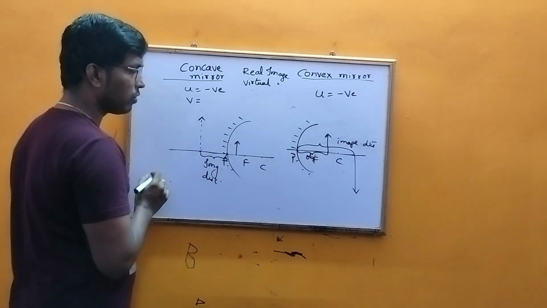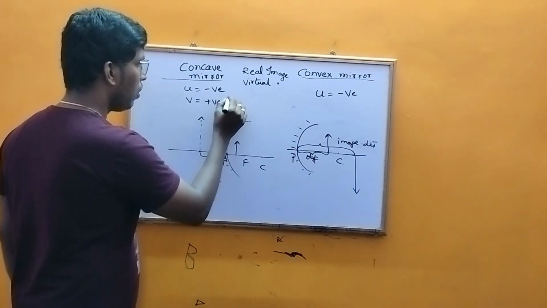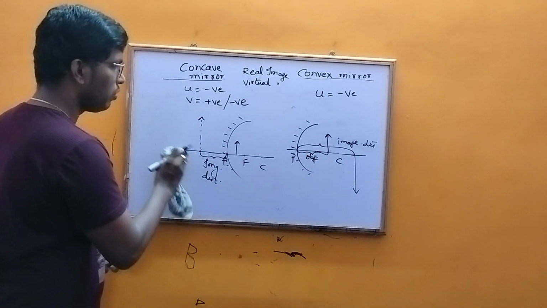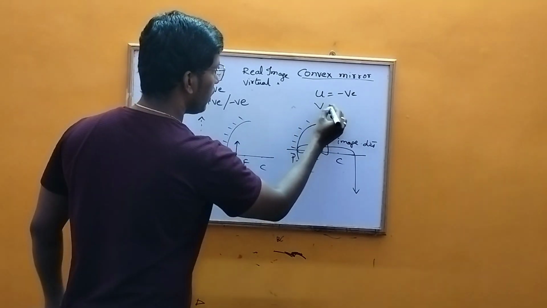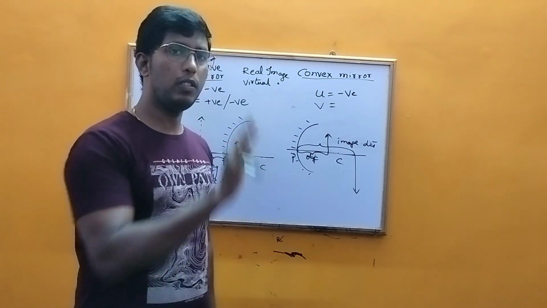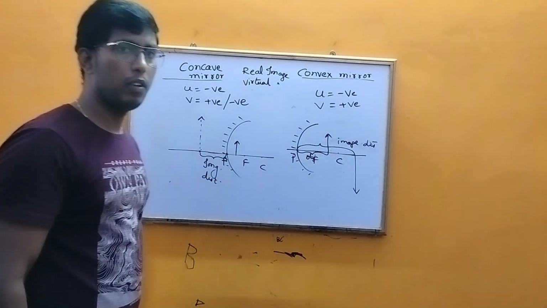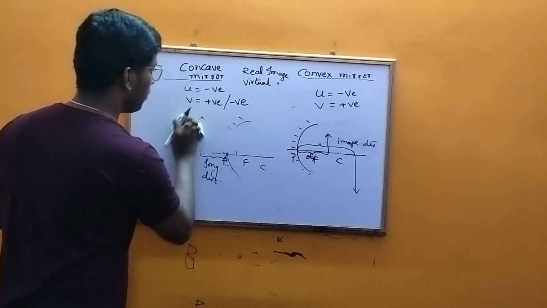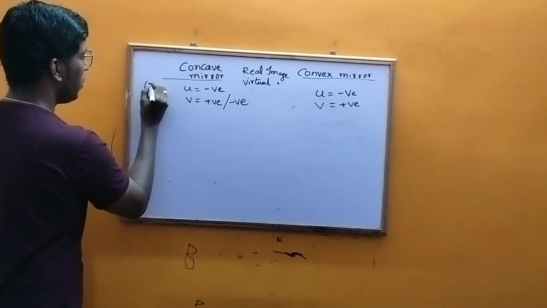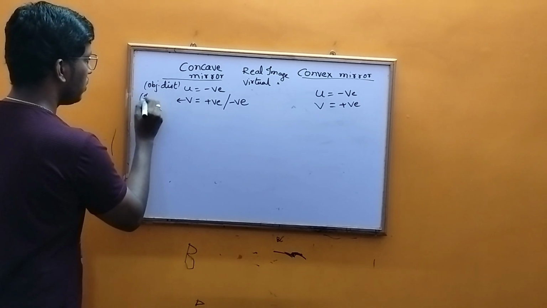So there is a chance for the image to have positive or negative values. But in the case of a convex mirror, it always forms a virtual image, which is always in the upward direction, so we will always take the V value as positive. This is the object distance U, and V is the image distance.